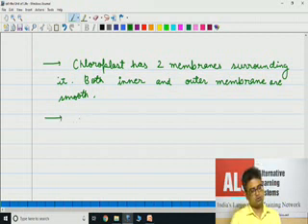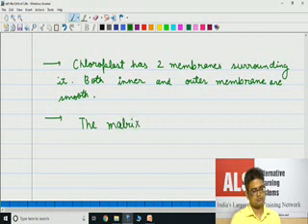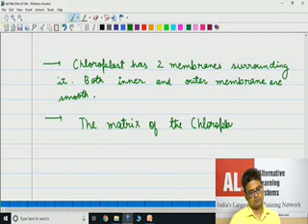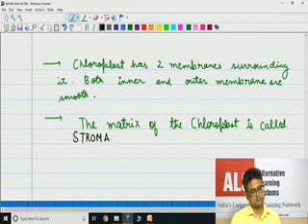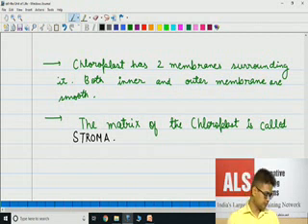The matrix of the chloroplast is called stroma, and inside the stroma are membranous bag-like structures called thylakoids.